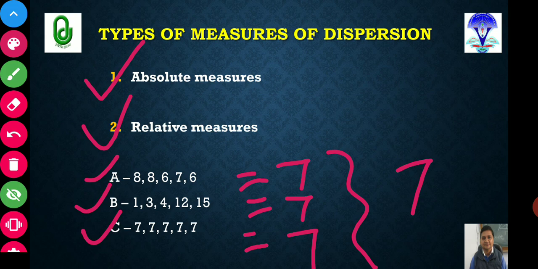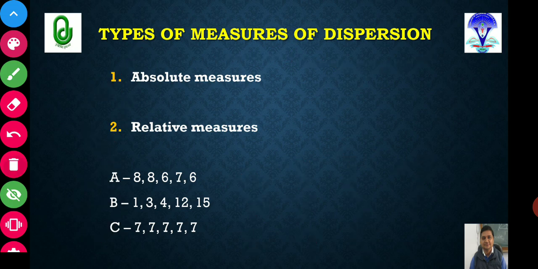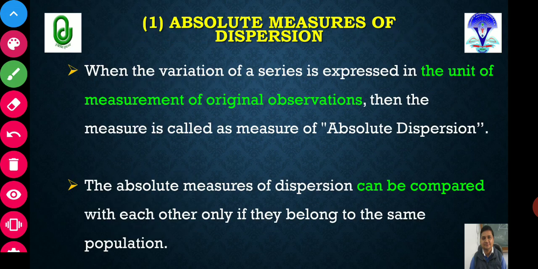So to get the differences between these three data series, we use measures of dispersion. We want to know how data is dispersed or scattered around a particular measure of central tendency, be it mean, median or mode. With this backdrop, we'll go to the different kinds of measures of dispersion.